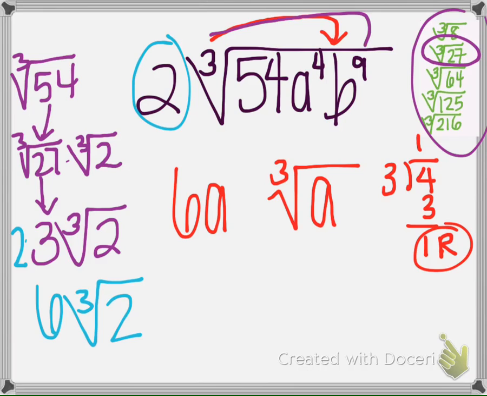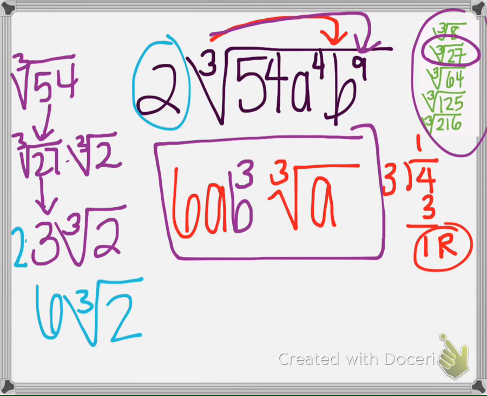And then 3 goes into 9 3 times. So that would be our final answer. Oh, actually I forgot this 2 right here, so we have to include that 2 here. Alright, now that's our final answer.